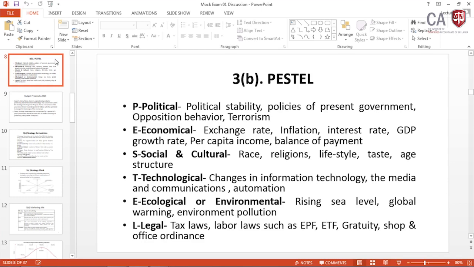Is that an advantage from an exporter's point of view? Yes. Then Sri Lankan products will be cheaper in the world market. Then inflation is high, not a favorable factor. Interest rates, what about the interest rate?